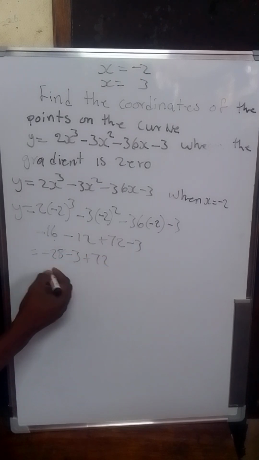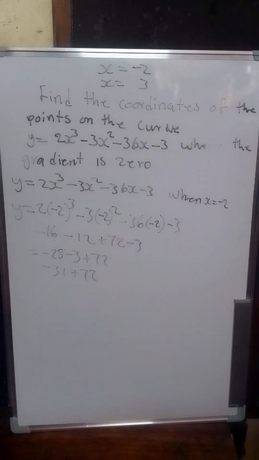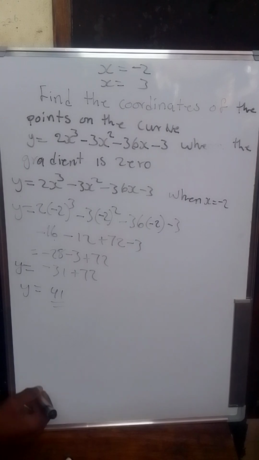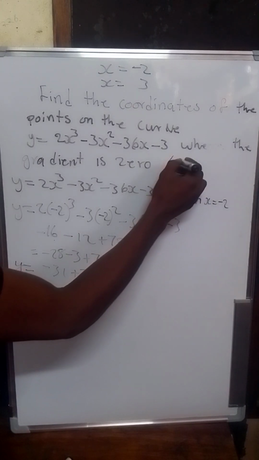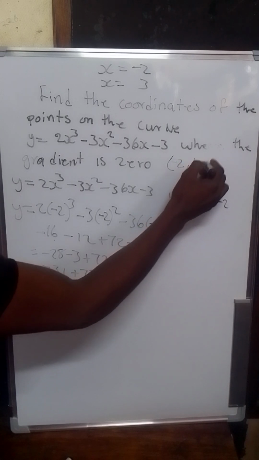This is negative 31 plus 72, so if we subtract, we get y is equal to 41. So we have the coordinate where we have negative 2 and 41.